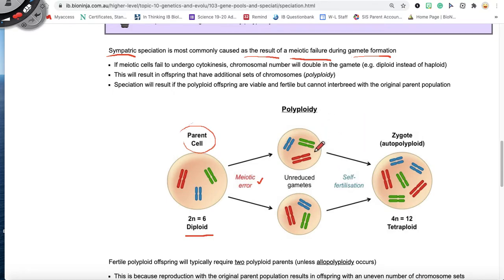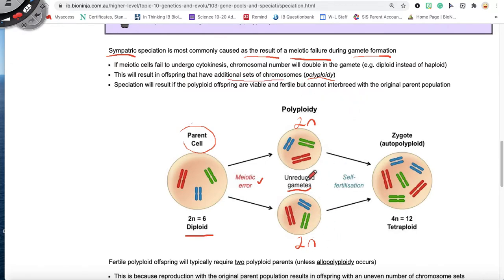By the time meiosis 2 is finished, you're going to see that the gametes here are also diploid. So the chromosomes did not separate properly. Having additional sets of chromosomes, which could be similar to the parent or even more than the parent, is a form of polyploidy. So you end up with additional sets of chromosomes.